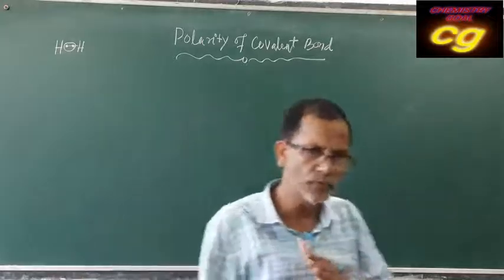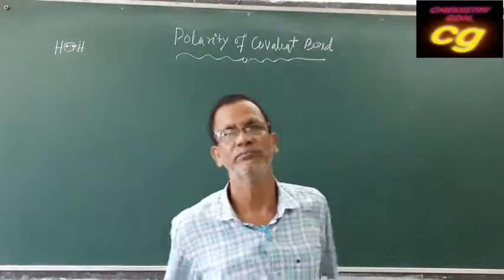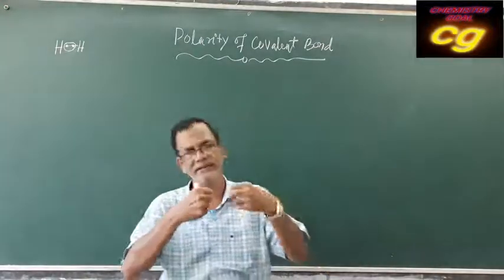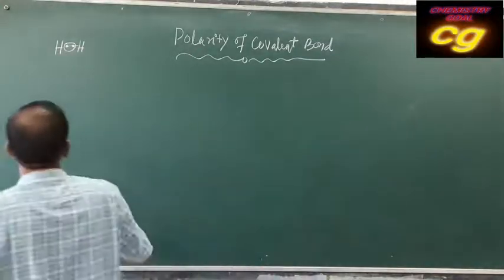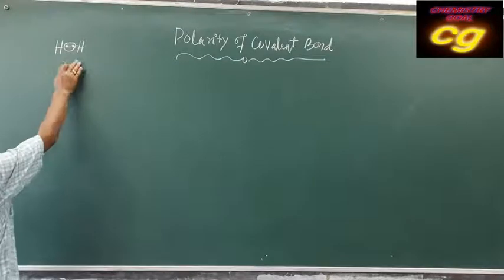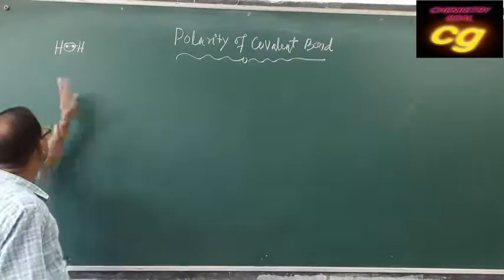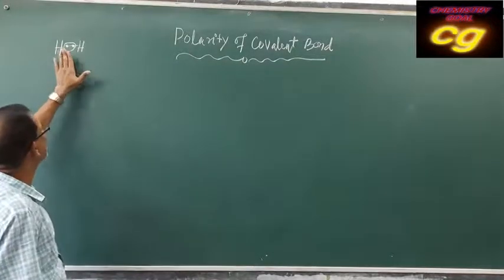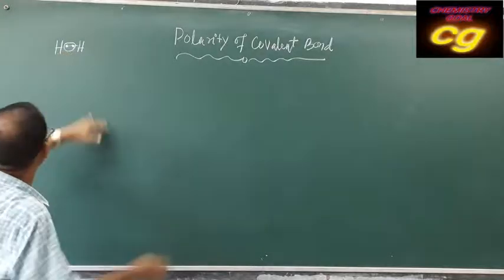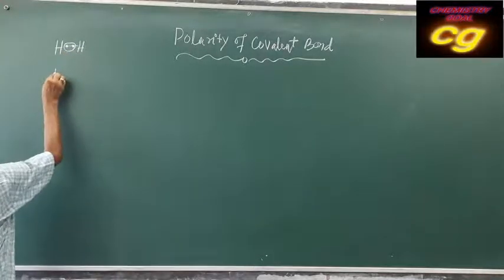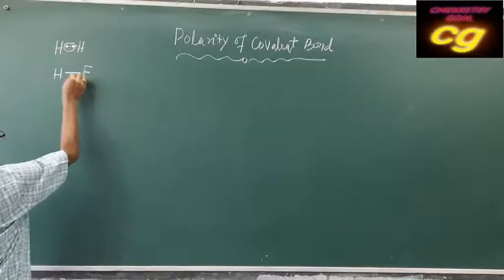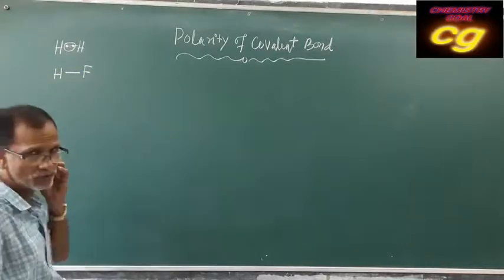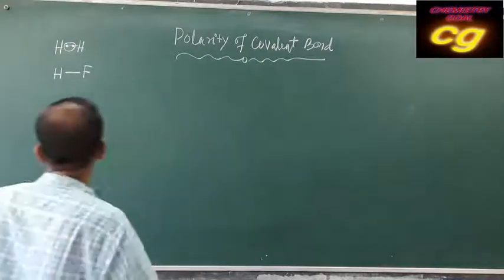It will not move towards any atom because both have the same electronegativity value. As it is not shifted towards any hydrogen atom, it remains at the center of the two atoms.